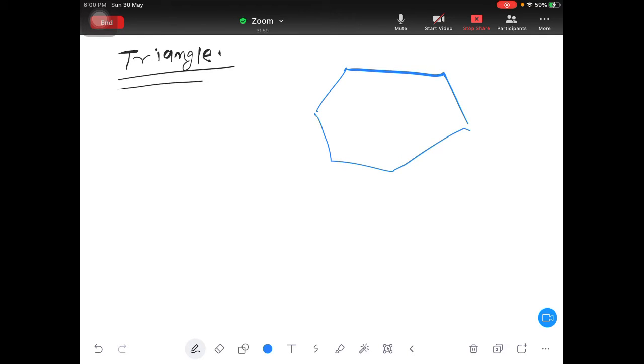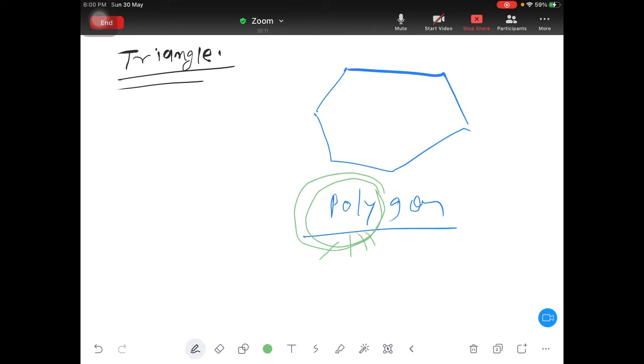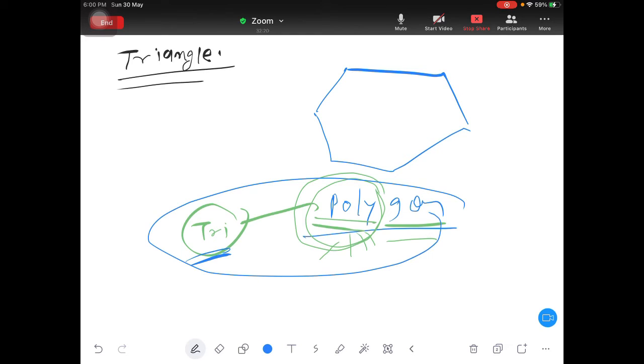Polygon means poly, P-O-L-Y-G-O-N, poly means multi, so many sides. But when polygon, this poly you will replace with tri. Trigon, we don't say trigon. Tri means 3 sides, but we call them triangle.